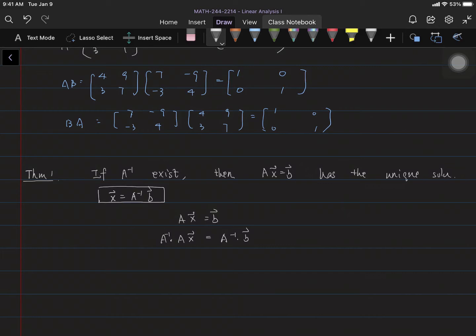So if we multiply both sides by the inverse from the left side, we get I times X, and I is the identity matrix, and the identity matrix times anything just equals that matrix. So that's why.